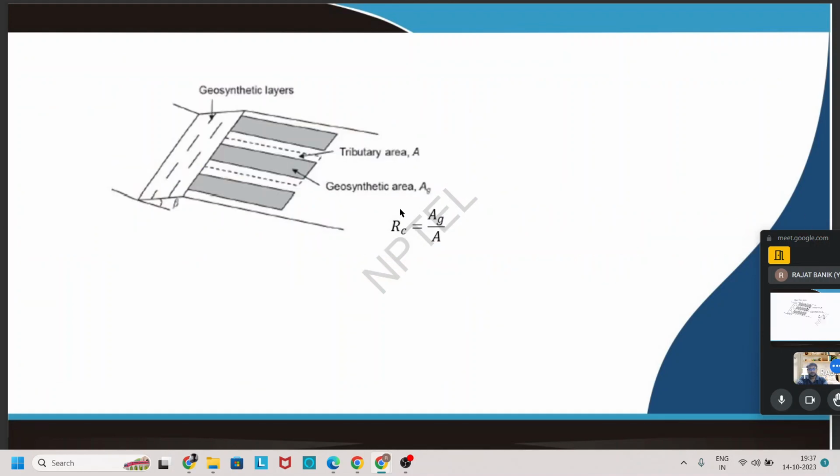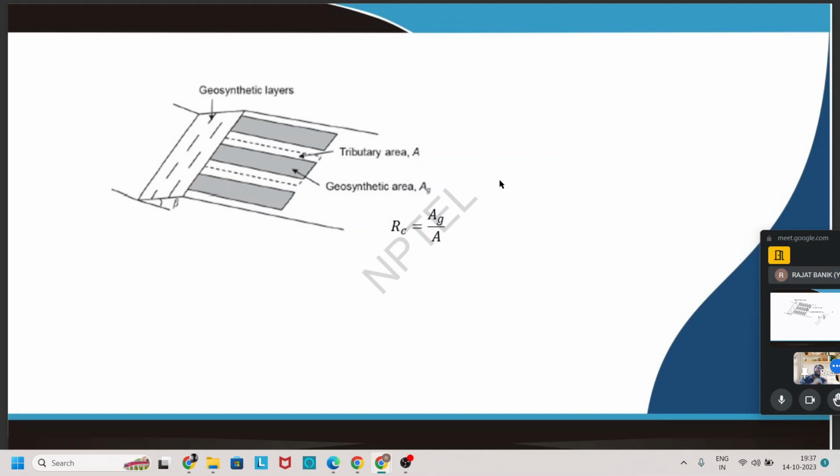Then here one figure is shown to stabilize the reinforced slope by layering, one layer above another layer. Layer by layer, we stabilize this slope and form a geosynthetic reinforced slope. You see that two areas are given.